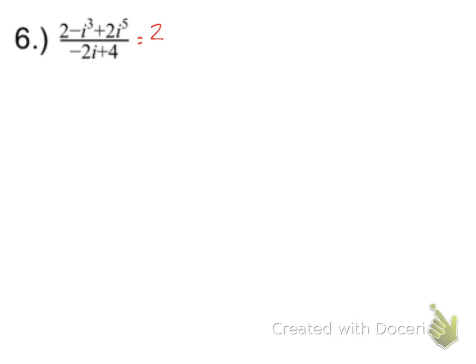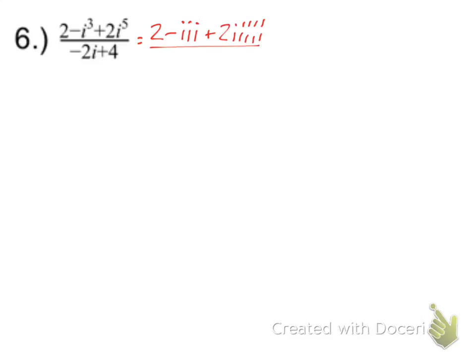2 minus i plus 2i, all over... that wouldn't change. But this will change. Why would I change this? You cannot cancel with things on the bottom, because it's not in everything.